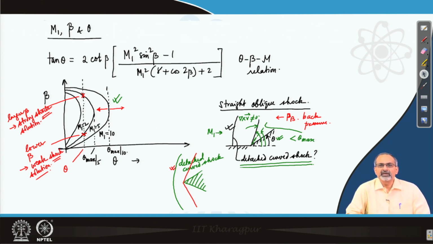However, when theta becomes larger than the theta max corresponding to the free stream Mach number, we would have detached curved bow like shocks formed on even sharp wedge like objects.